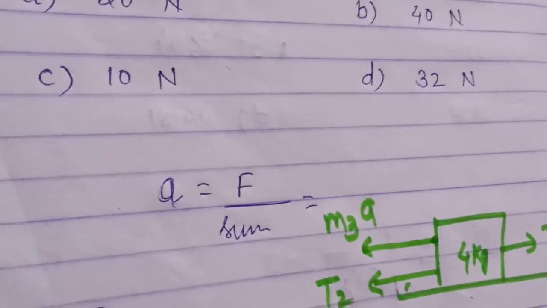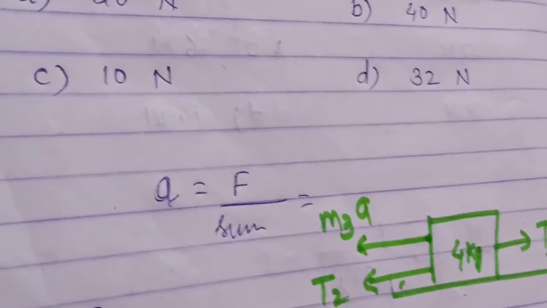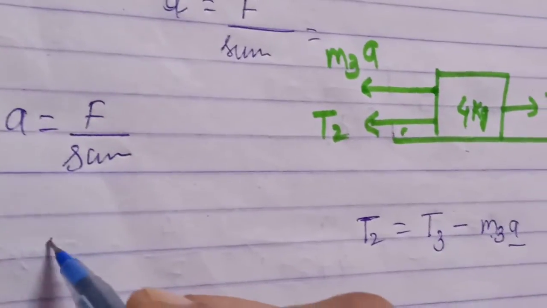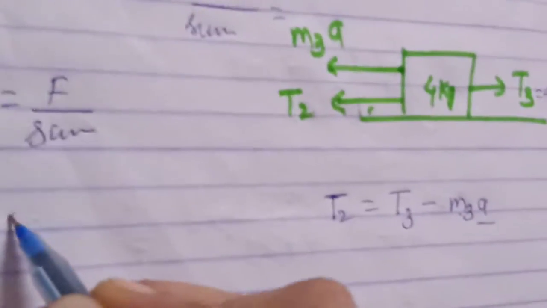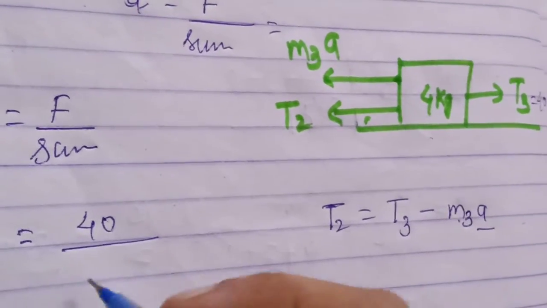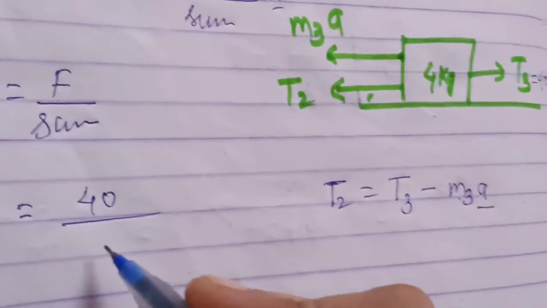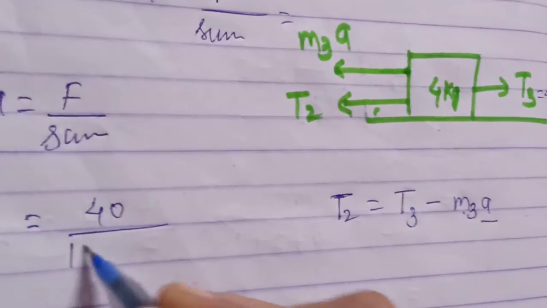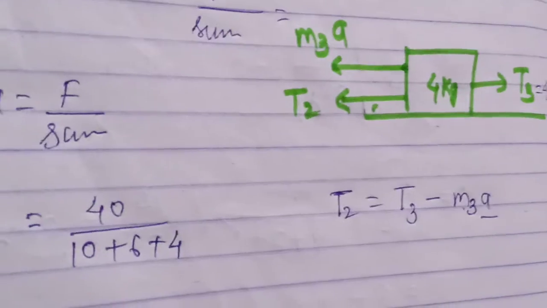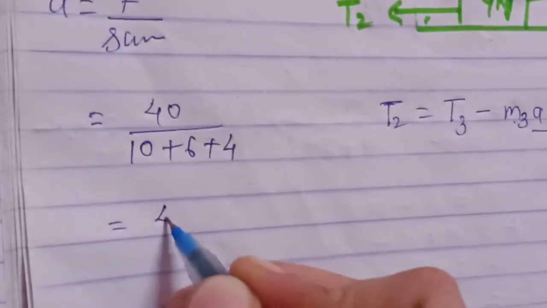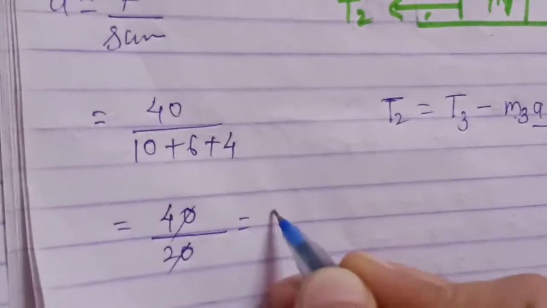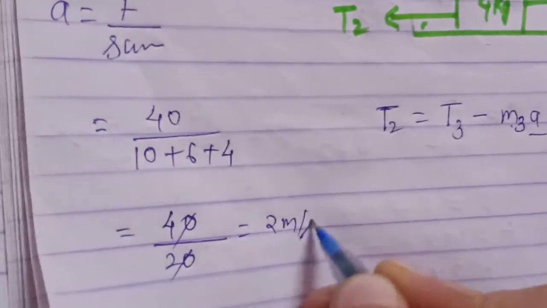A is equal to F upon the sum of all masses. F is 40 Newton and the masses are 10 plus 6 plus 4, so 40 upon 20 is equal to 2 meter per second square.